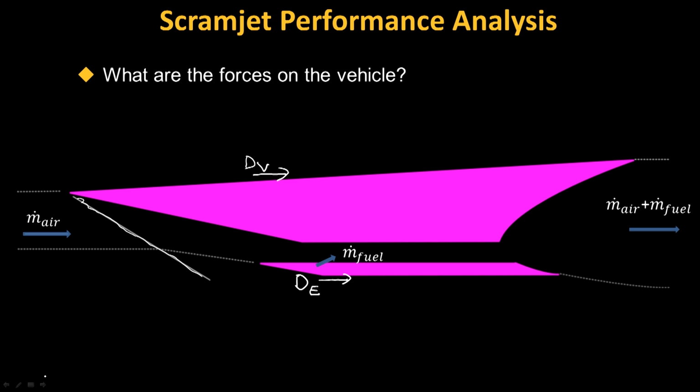In doing this process, the internal surfaces of our scramjet will encounter both pressure loads, as I'm indicating here, which are always normal to the surface of our scramjet, but we also have shear loads due to viscous effects of the airflow through the engine.